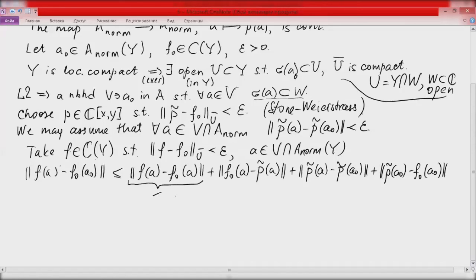For the same reason, the second summand is smaller than epsilon, because f0 and P tilde are uniformly close in C of U bar. The third summand is smaller than epsilon because of this.